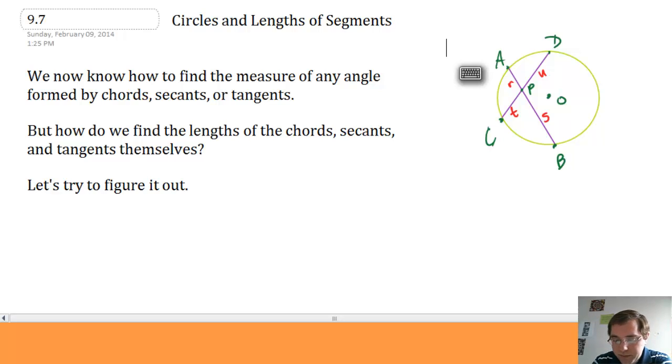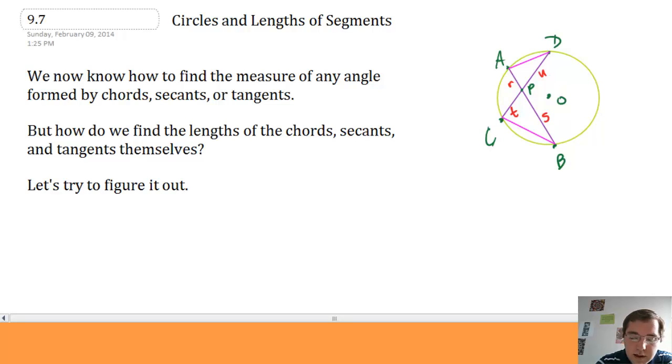It would be most helpful if we could give ourselves some shapes to work with. The shapes that I'm going to draw here are just formed by connecting A and D and C and B, giving me two triangles, triangle ADP and triangle CPB. Well, I know some things about these triangles.